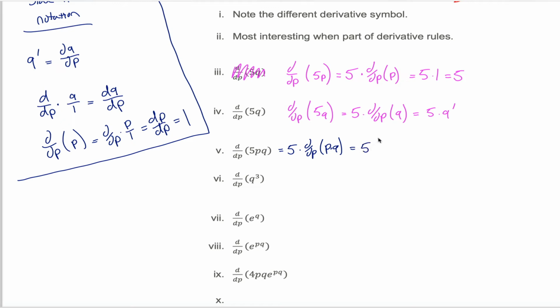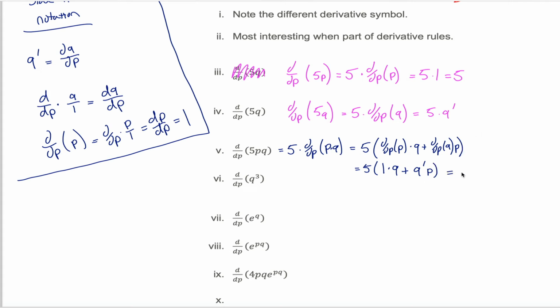We would get 5 times the sum of two things. One of those things would be the derivative of the first guy times the second guy, and the other thing would be the derivative of the second guy times the first guy. So I got 5 times the derivative of p, with respect to p, that's just equal to 1, times q, plus the derivative with respect to p of q, careful, that's not 1, that's q prime, or dq over dp if you want to write it that way, times p.